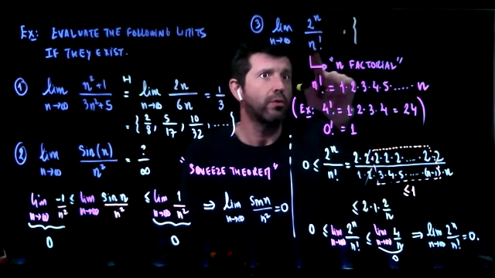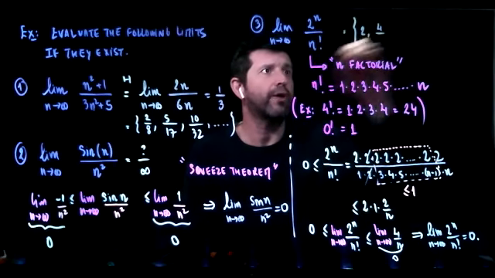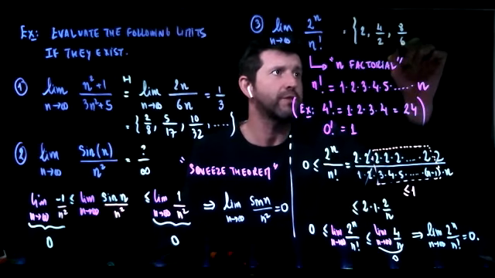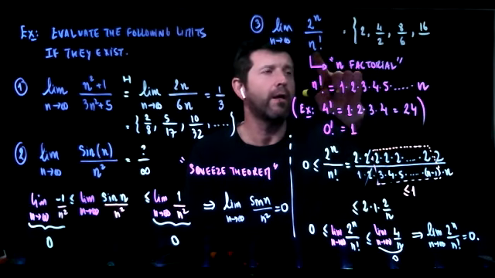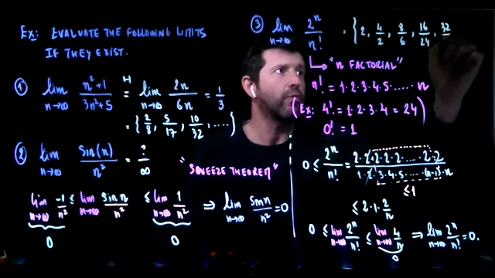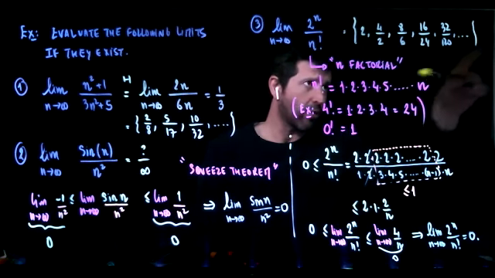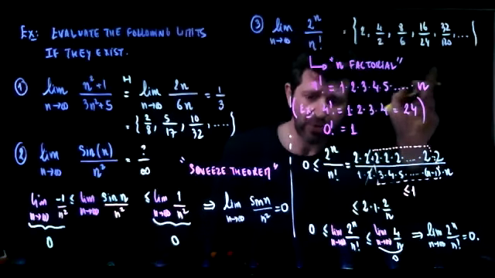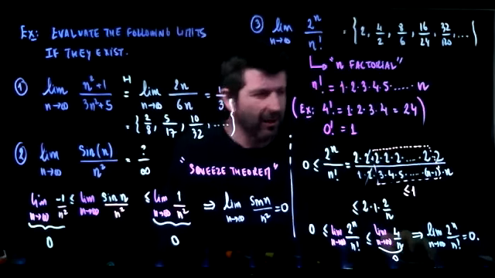So 2 over 1, then 4 over 2 factorial, which is 2, then 8 over 3 factorial, which is 6, then 16 over 4 factorial, which is 24, then 32 over 120, and so on and so on. And this sequence, if you keep going, gets closer and closer and closer to 0. You could get as close to 0 as you want, if you want to say it in a more precise way.